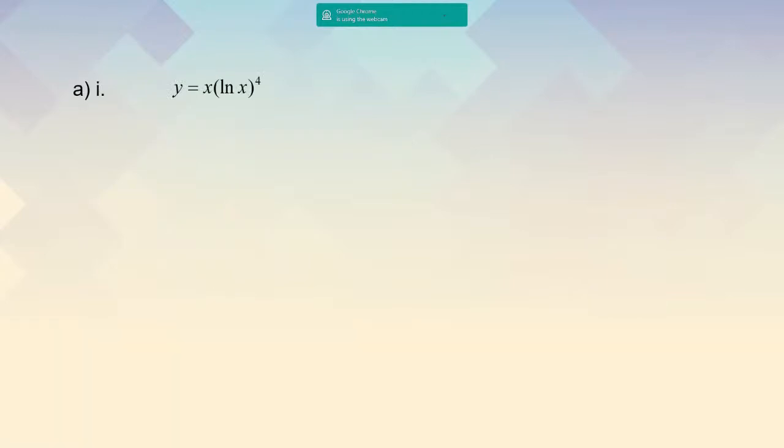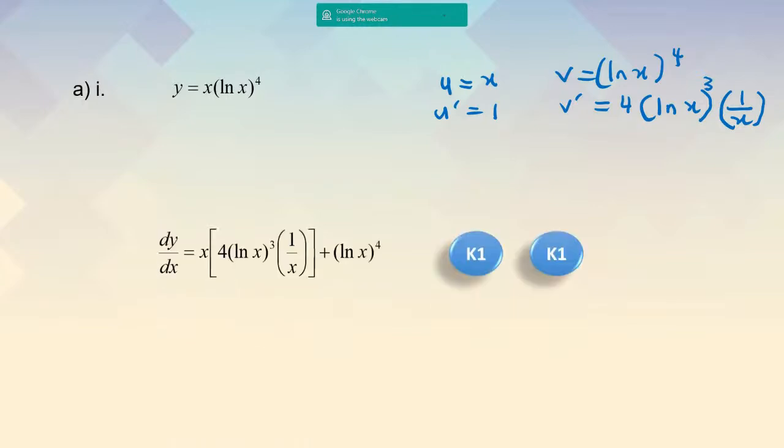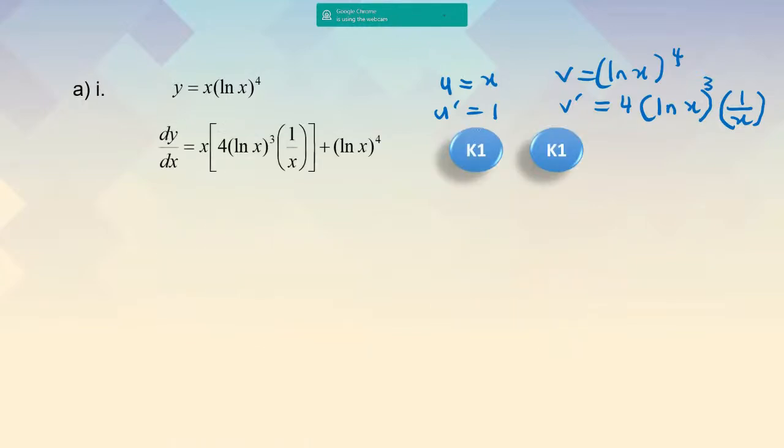U is x, u prime is 1, and then v is ln x to the power of 4. By using power rule, bring the power to the front, copy the inside, then power minus 1, 4 minus 1 is 3, and then differentiate ln, 1 over x. Substitute into u v prime plus v u prime.